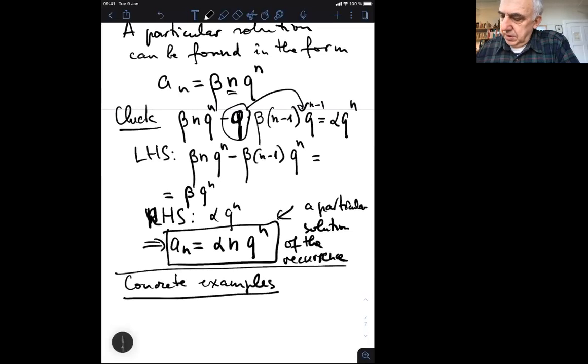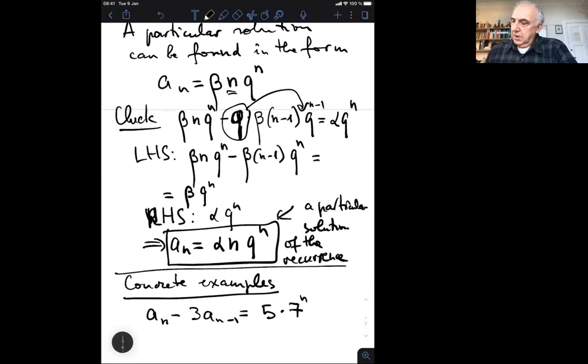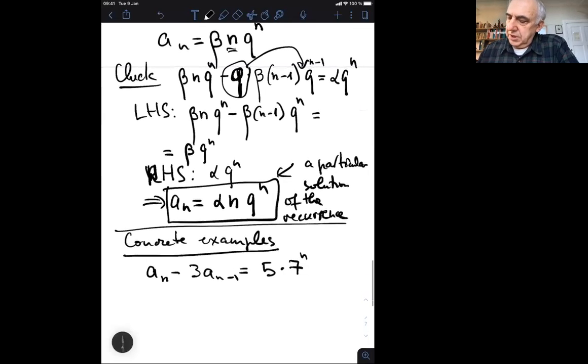So say the first one would be a n minus 3 a n minus 1 equals 5 times 7 power n. So what about the homogeneous equation?